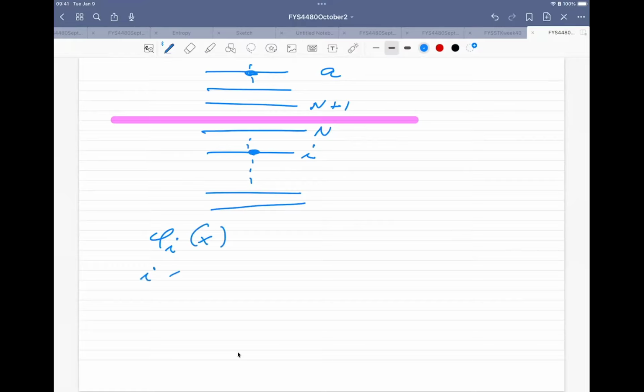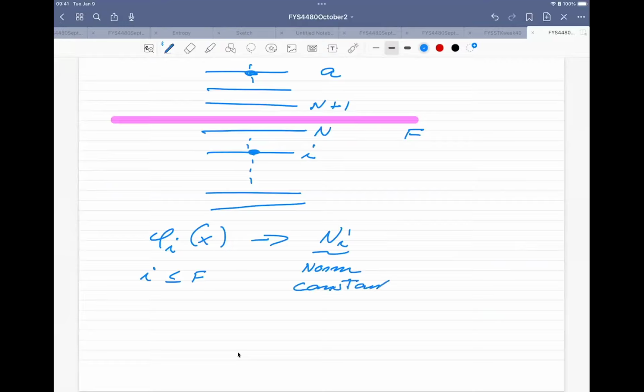So i is below the Fermi level. This is something which we now are going to transform into a modified state where we have an N_i. So this is not to be confused with the number of particles. This is the normalization constant.